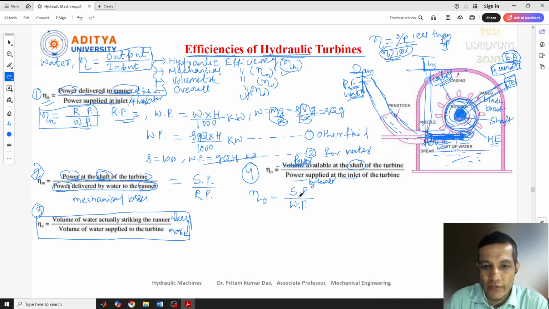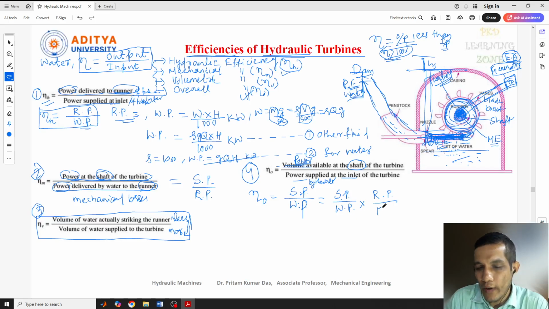We can write this in another way: shaft power divided by water power, multiplied and divided by runner power.